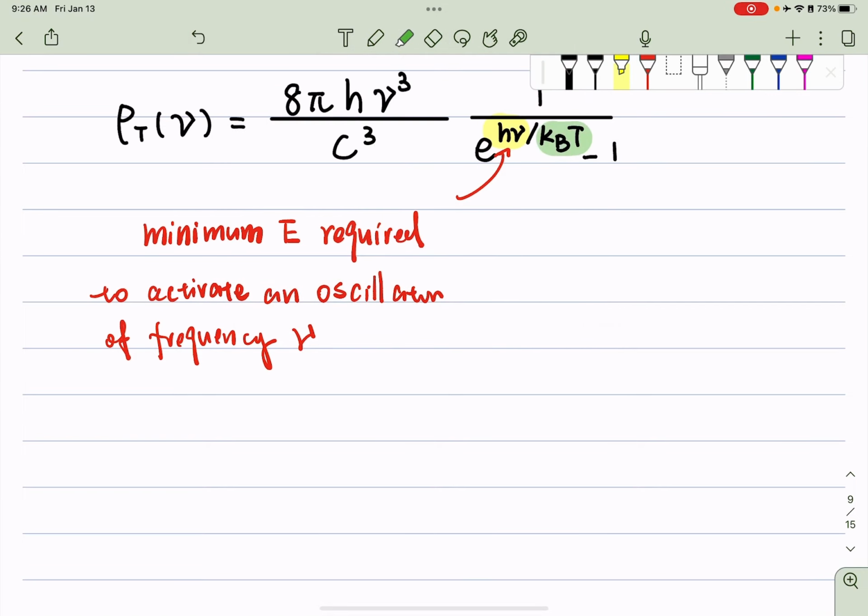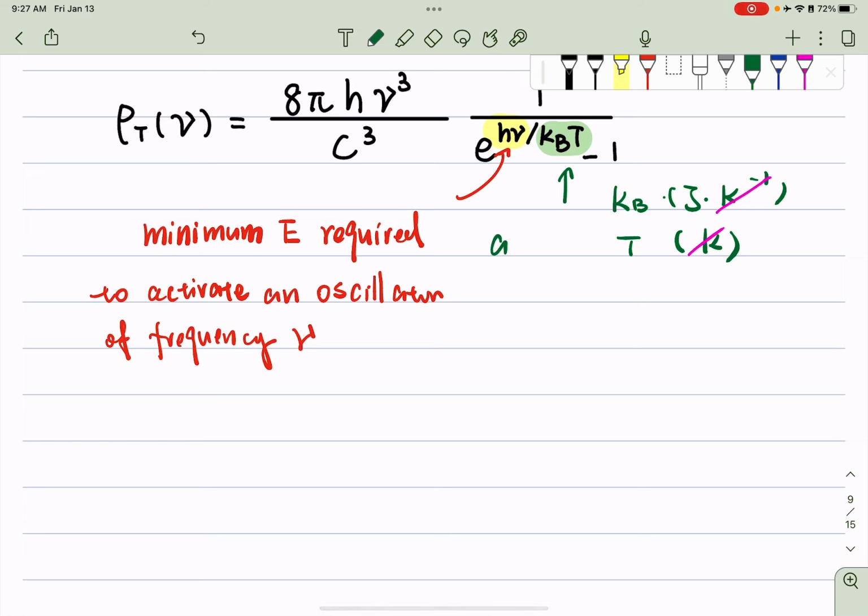On the other hand, we have this KBT term. We saw the unit for KB, that's joule per Kelvin, and for temperature, that is in Kelvin. Without going into too much detail on thermodynamics, we know that KBT is a form of thermal energy, because the units cancel out to give you joules.